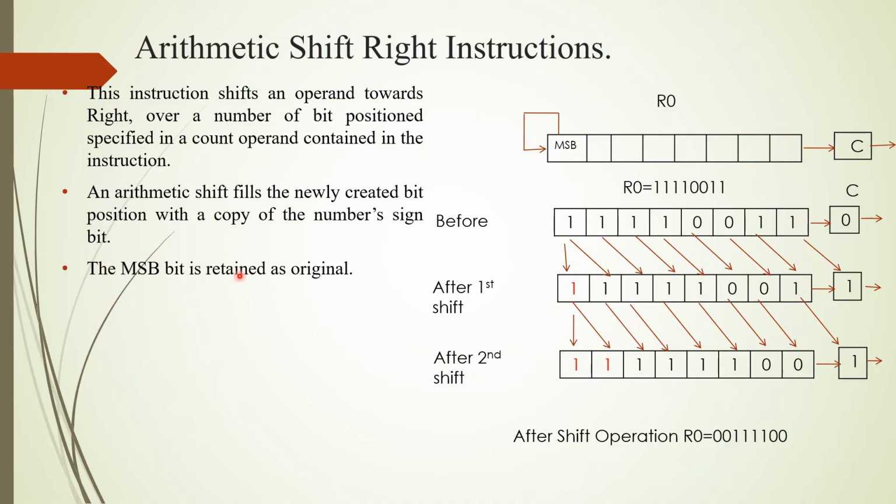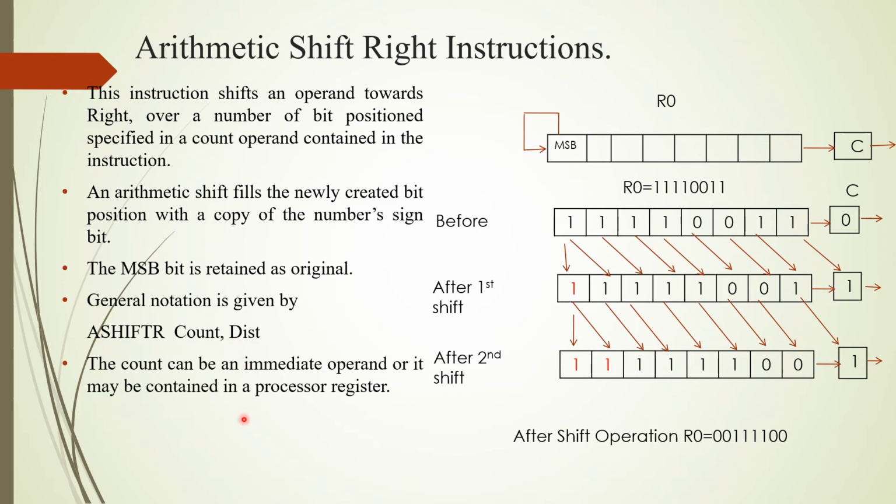The MSB is retained as original. The general notation is AShiftR, arithmetic shift right, count, destination operand. The count can be an immediate operand or it can be contained in any of the processor registers.